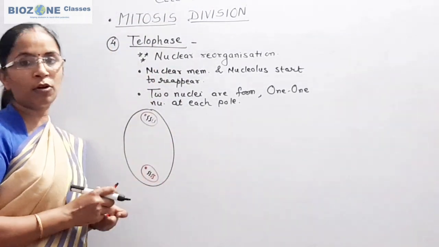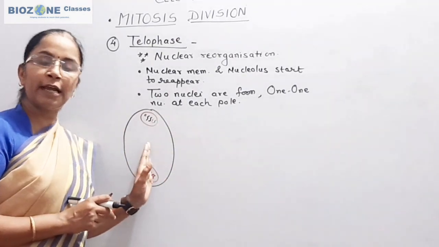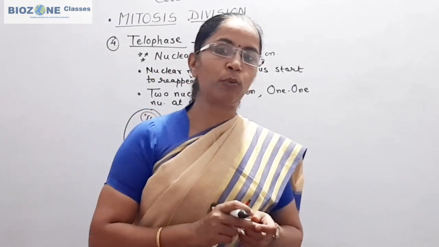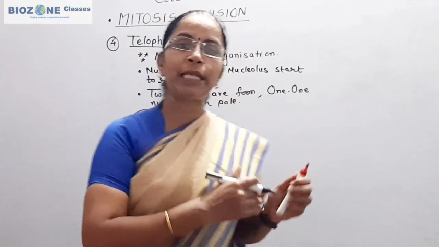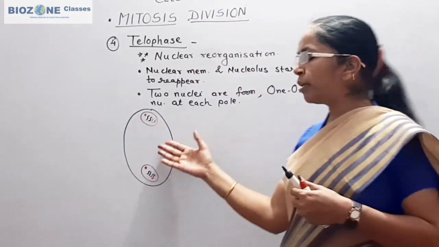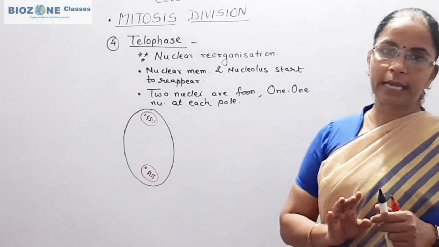At the end of telophase, when telophase is completed, immediately after that the process of cytokinesis takes place in most cells. Now look here, it is decided whether a multinucleate cell is formed or a uninucleate cell is formed.